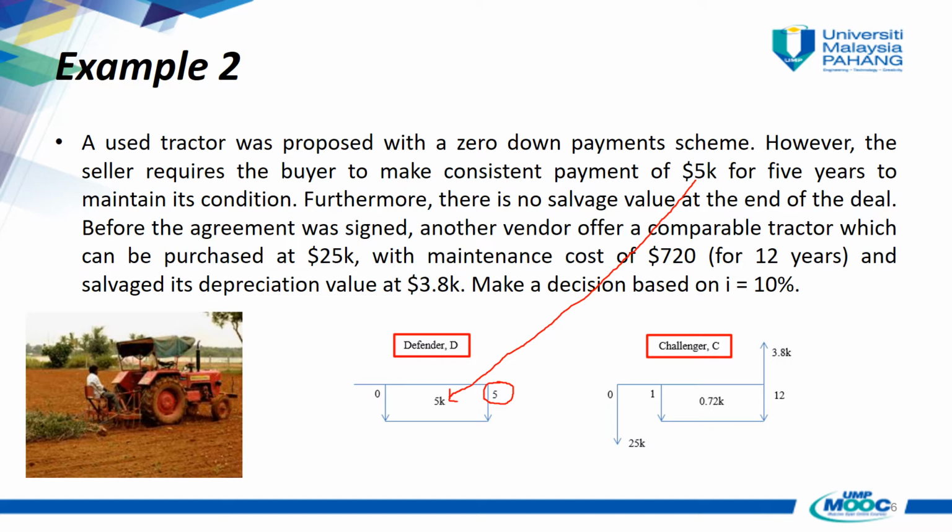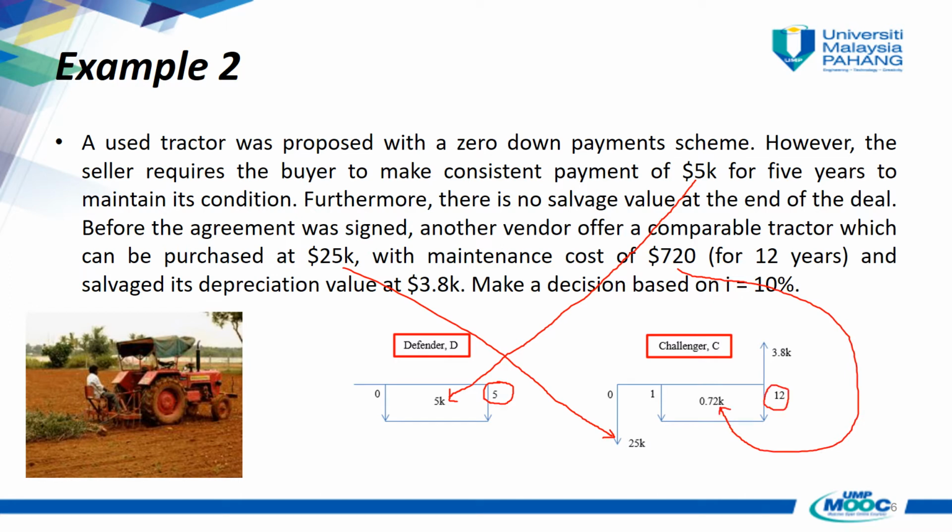Before the agreement was signed, another vendor offered a comparable tractor which can be purchased at 25,000, with a maintenance cost of 720 for 12 years.